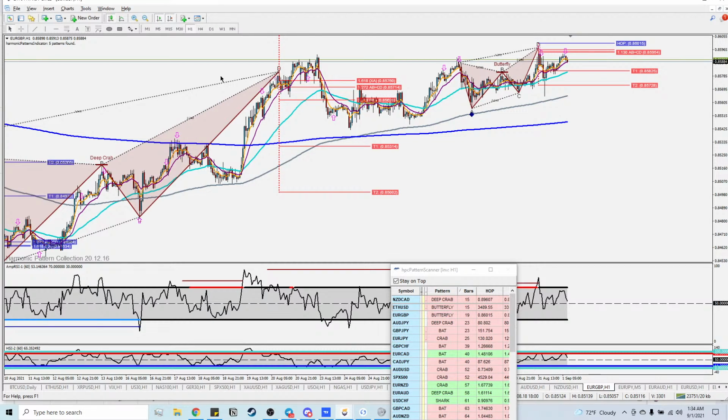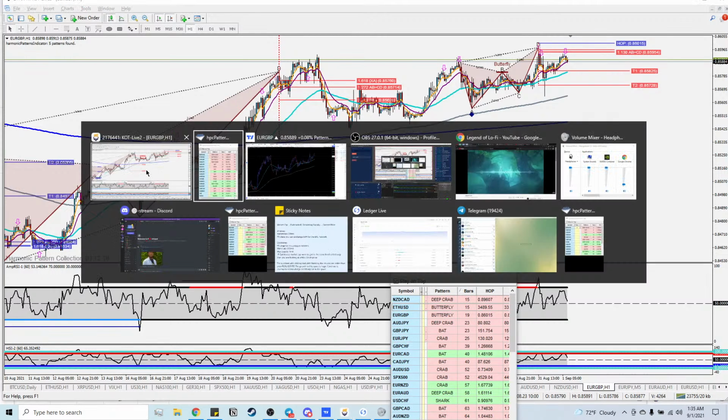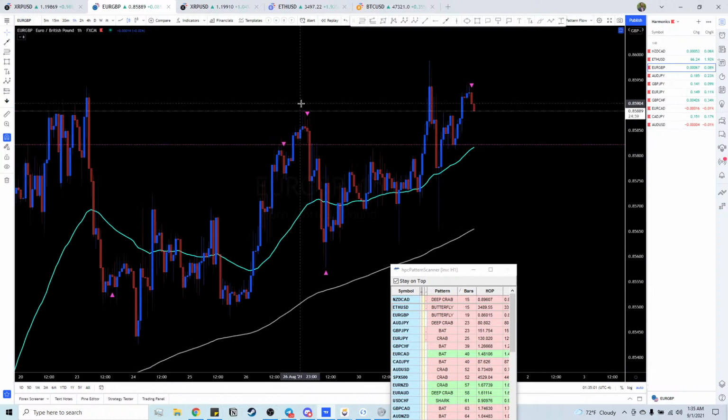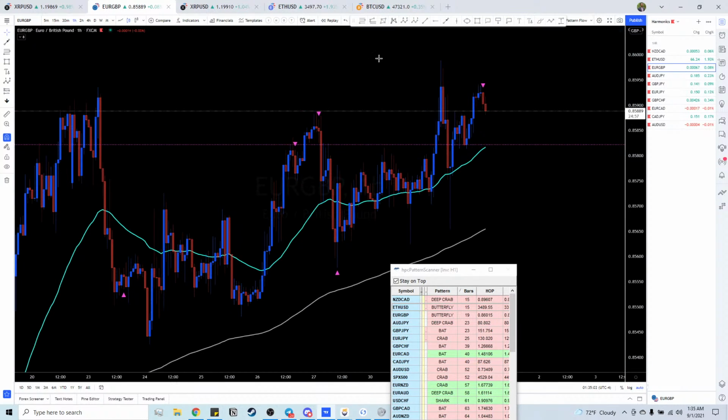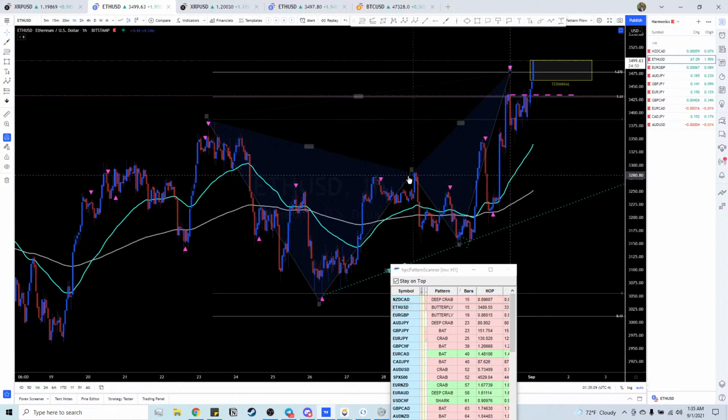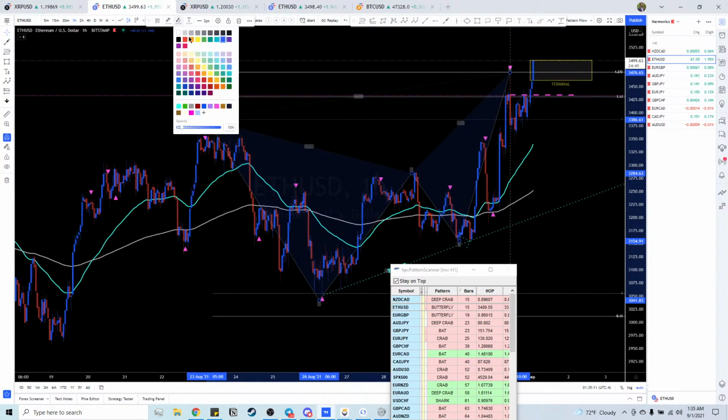Smaller patterns. So these smaller patterns I usually don't even take, nor do I even mark up. Let me see, but I'll do it just because. Hourly time frame, Euro GBP, got a bad. I forgot to even change that color. This is supposed to be red.